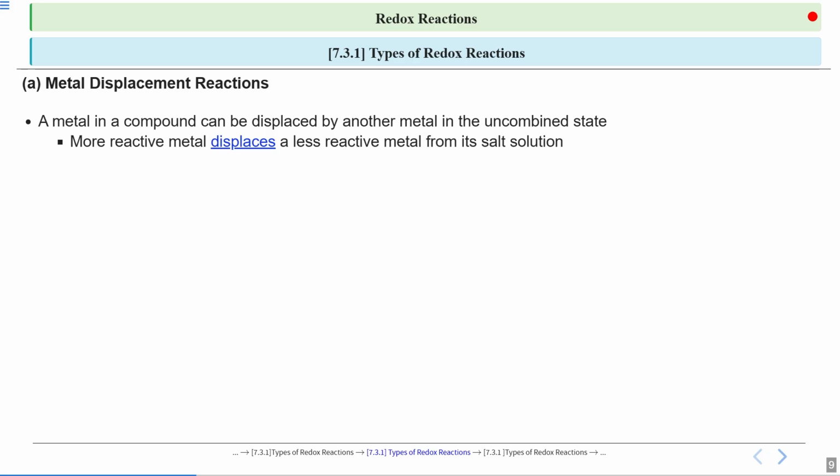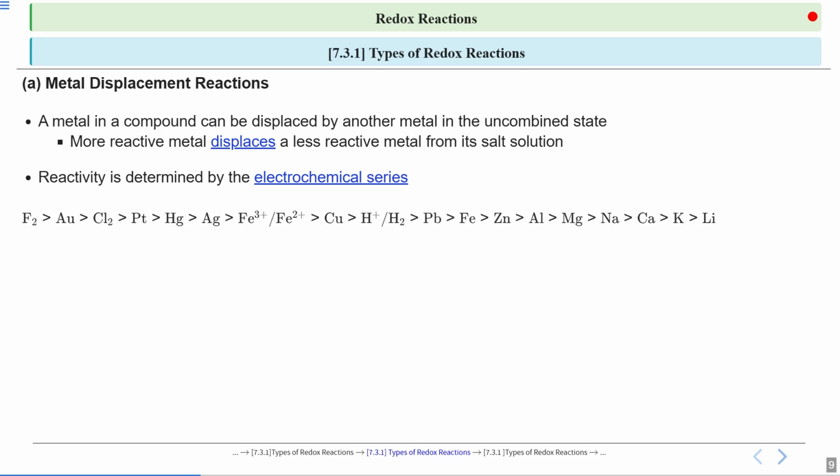In that case, I explained that the more reactive metal displaces a less reactive metal, which is based on the electrochemical series that I am going to explain ahead. If we consider which metal is more reactive, the reactivity is determined by the electrochemical series. So here is the electrochemical series.